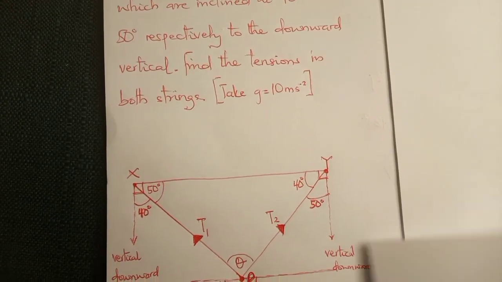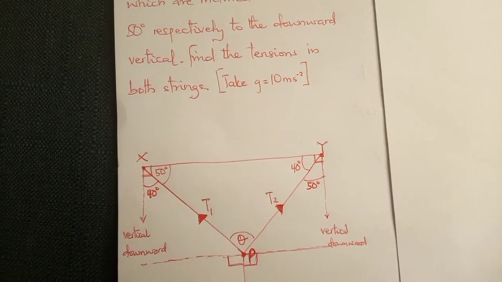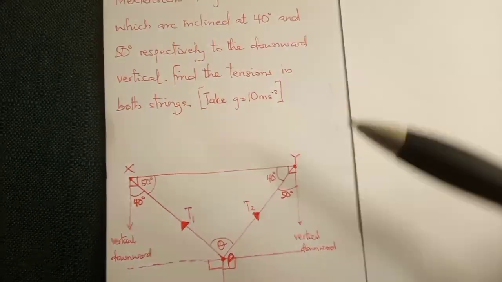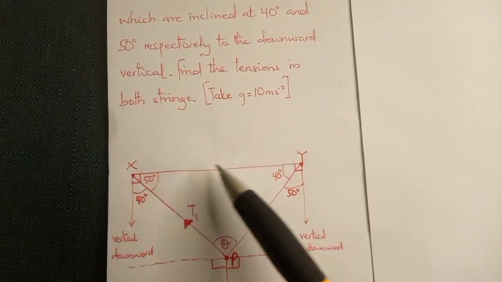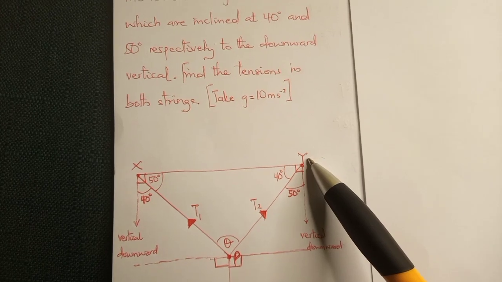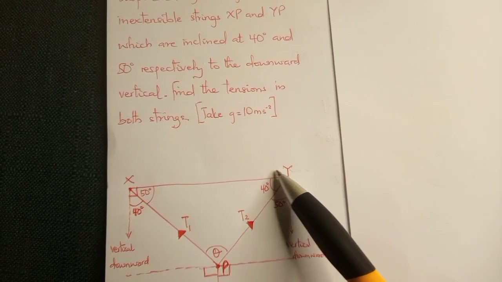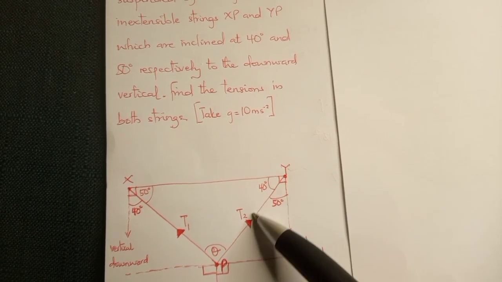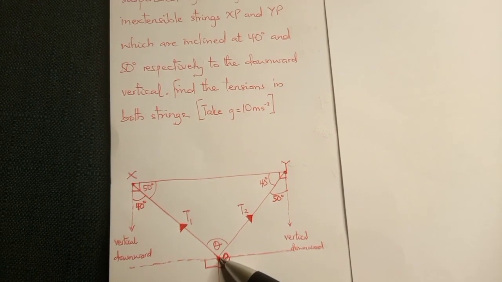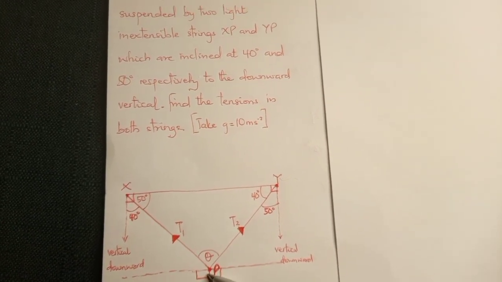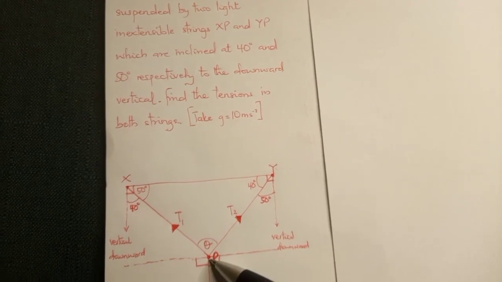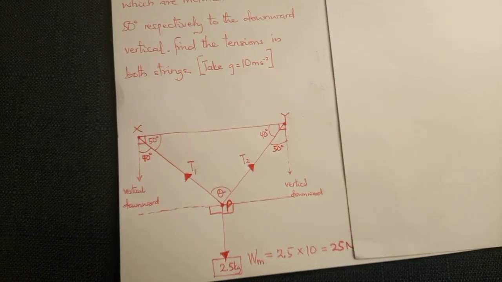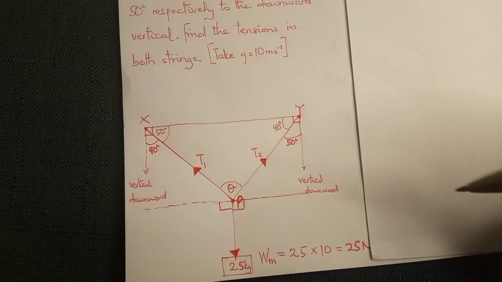So here is how the diagram will look. You have XY being the horizontal distance between the two strings, then P, the point at which the mass of the object is held, 2.5 kilograms, as you can see.